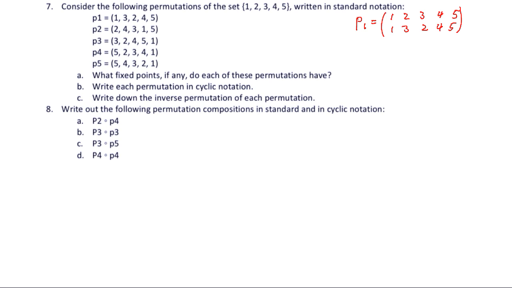So this permutation maps 1 to 1, 2 to 3, 3 to 2, 4 to 4, and 5 to 5.